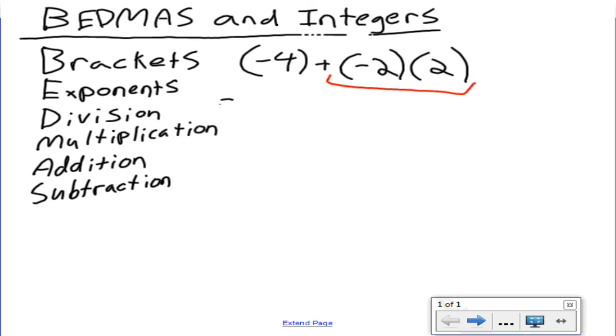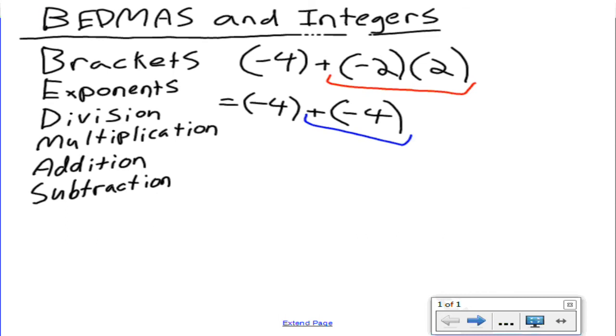So our next line reads -4 plus 2 times 2 is 4. I'm multiplying a negative times a positive, so my answer is going to be a negative. Okay? I'm adding -4 plus -4. My starting point is -4, and I'm being asked to move it.